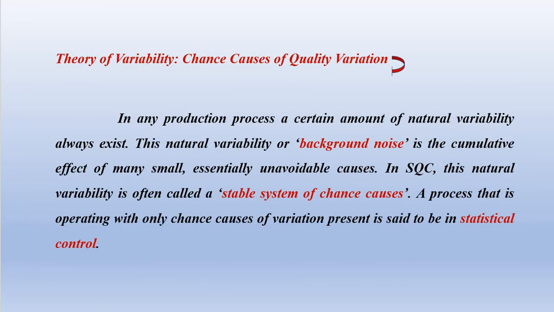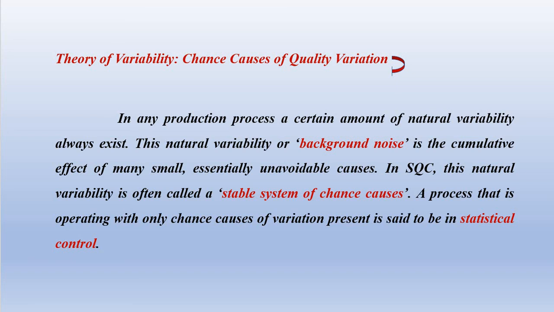So, our next discussion is the theory of variability in the process. There are two types of variation present in the process. First one is the chance causes of quality variation, and second one is the assignable causes of variation. In any production process, a certain amount of natural variability always exists.